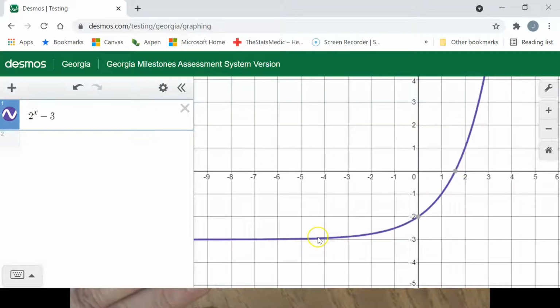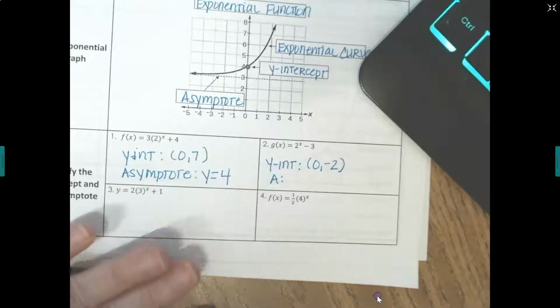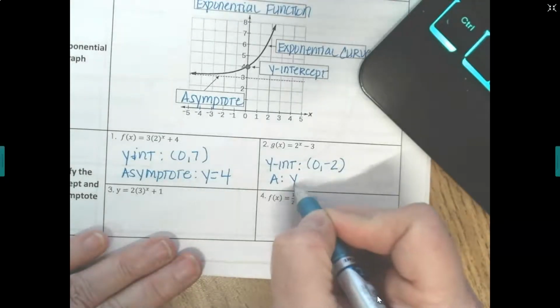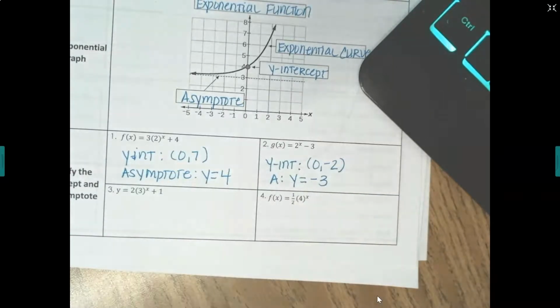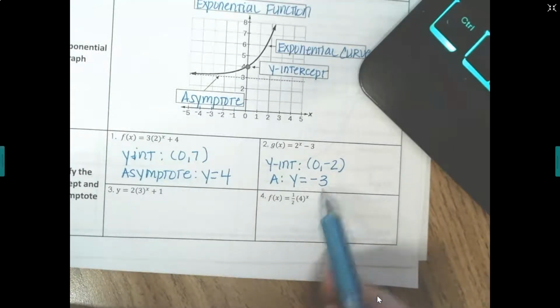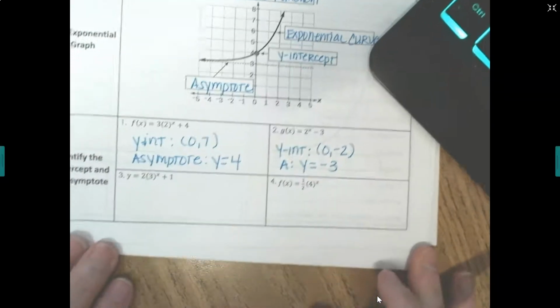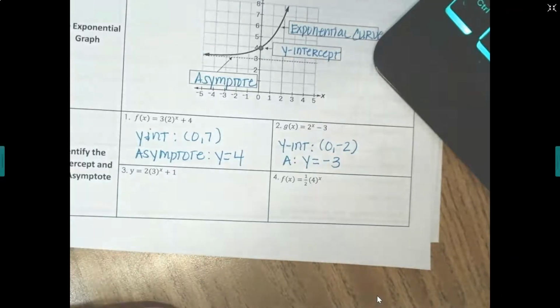So I'm just going to follow this back across, and that looks like -3. Okay, so let's put that our y equals -3, our asymptote. So this is really the equation of the line of the asymptote. The graph is going to get really close to where y is -3, but it's not ever going to cross it or touch it. All right, let's try this 2 more times and see if we see any pattern.